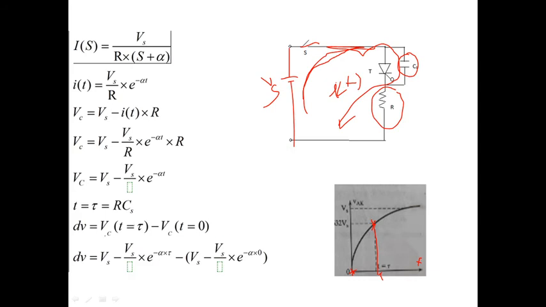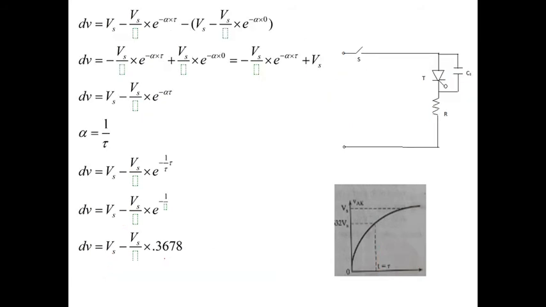The voltage at t equal to tau is Vs minus Vs e^(-alpha tau). The voltage at t equal to 0 is Vs minus Vs into e^0, and e^0 is 1, so that is 0. So what is remaining is Vs minus Vs e^(-alpha tau).